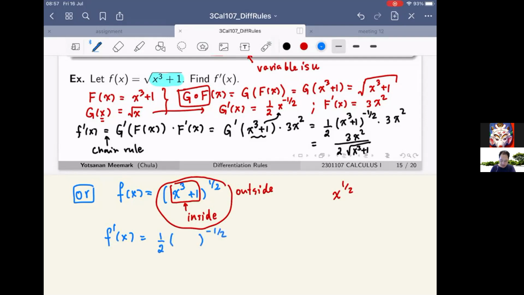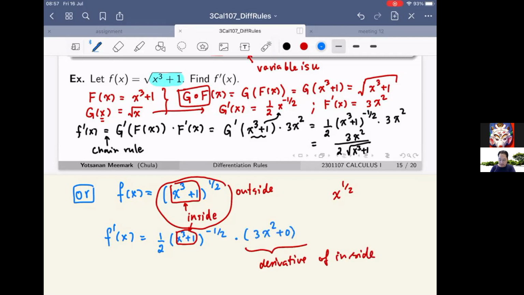So you put the inside here, and then multiply by the derivative of the inside. Which will give you what? 3x squared plus 0.